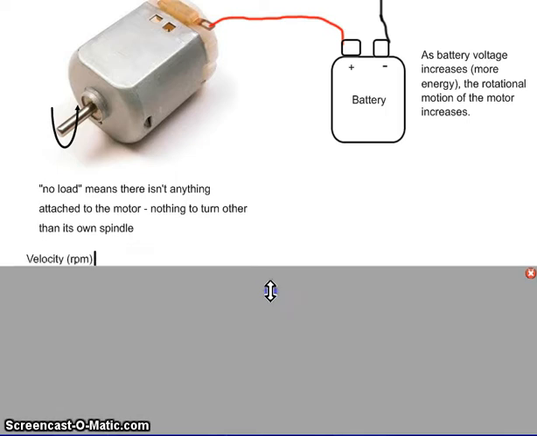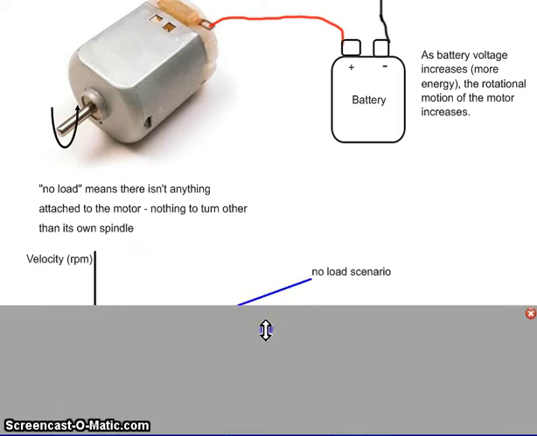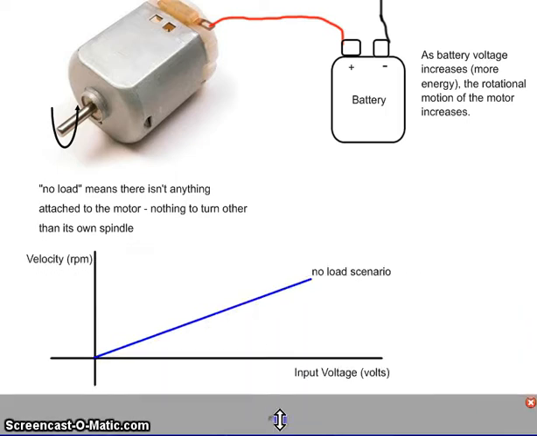Okay, so if we take a look at this so-called no load scenario, we have a fairly straightforward linear relationship. The output velocity, the spinning rate of the spindle in revolutions per minute, RPM, depends on the input voltage that we attach to the motor. It's a perfectly linear relationship.